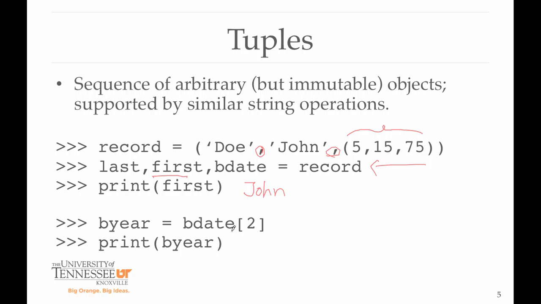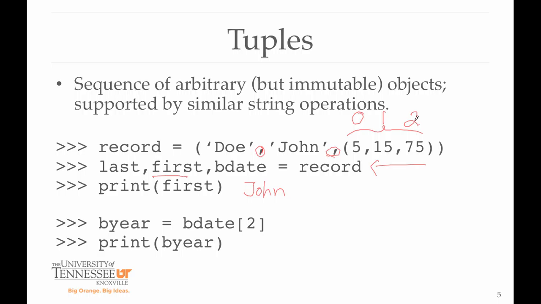And clearly if you go to this particular tuple, which occupies the third object position of record, 5 is in position 0, 15 is position 1, and 75 is in position 2, which clearly is a representation of a year. So now we can say the birth year is actually B date bracket 2. It's the object in position 2 of the birth date tuple, which lives inside record.